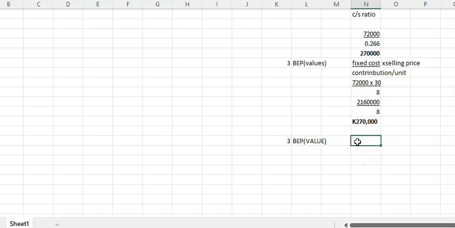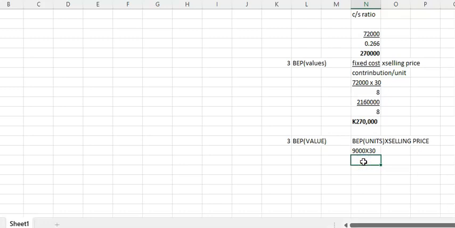We can just say break-even point in units. Since we already calculated the break-even point in units, you multiply by the selling price and you get the same answer. What we had as break-even point in units was 9,000, multiplied by 30, which was the selling price.